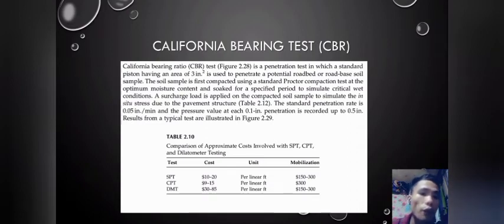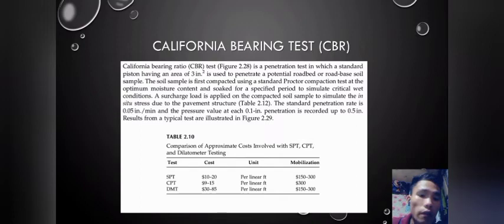So, let's see the table 2.10, comparison and approximate cost involved with SPT, CPT, and dilatometer testing. So, for the tests SPT, CPT, and DMT, the cost of SPT is $10 to $20. The CPT costs $9 to $15.